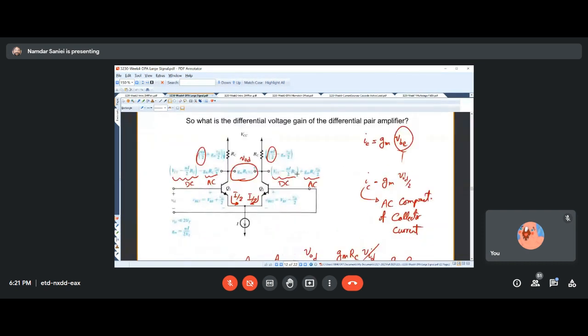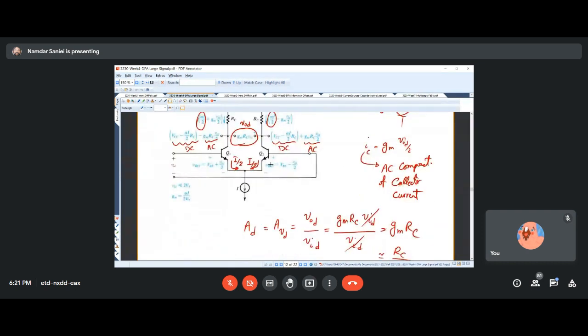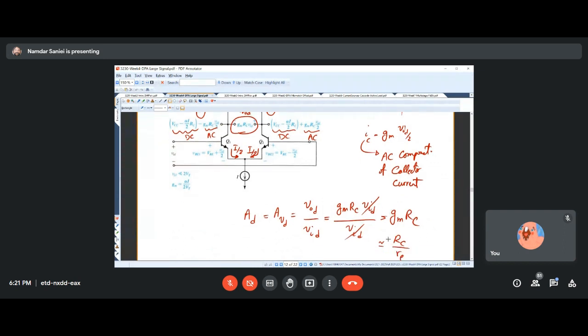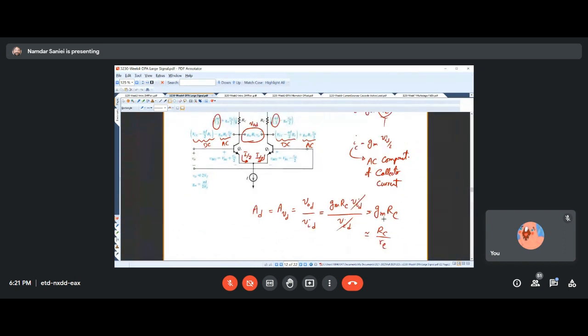We found a gain for that in differential mode, and the differential voltage gain for the differential pair amplifier turned out to be the same thing that we had before, GMRC, or RC over little RE, which was an introduction to the Hawaiian dance for us last time. So that Hawaiian dance still continues to be valid even in differential pair amplifiers.